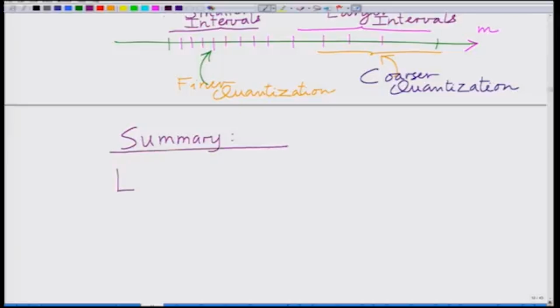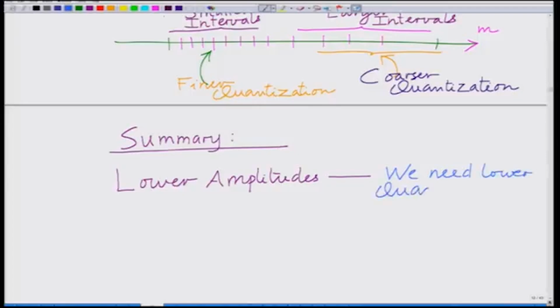at lower amplitudes we need lower quantization error.